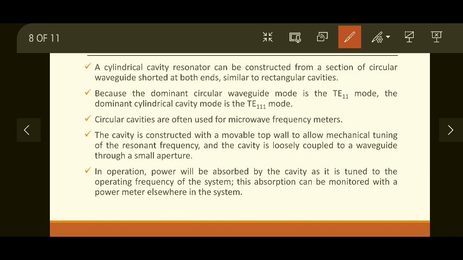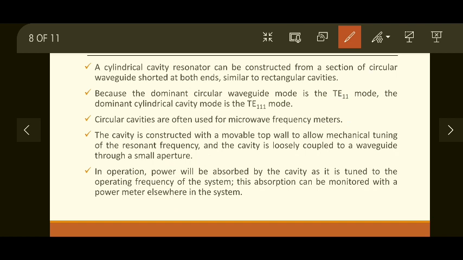Musical instruments are the best example of a resonator, where the instrument produces maximum sound at only a particular frequency. That analogy can be used here for understanding the concept of a resonator.